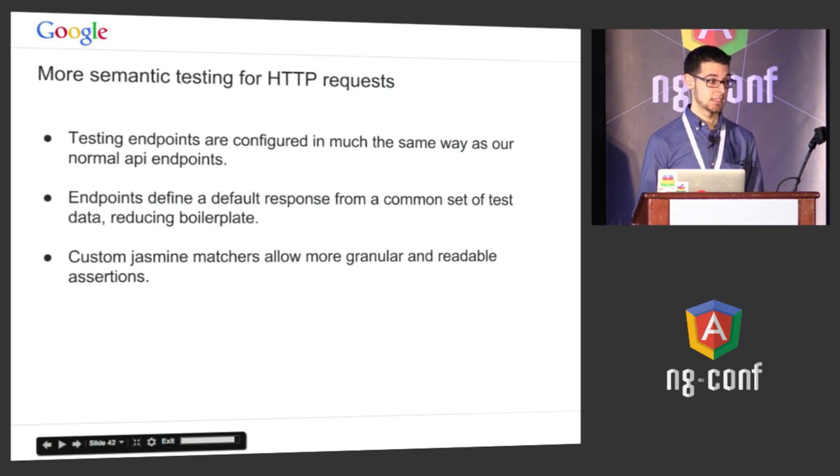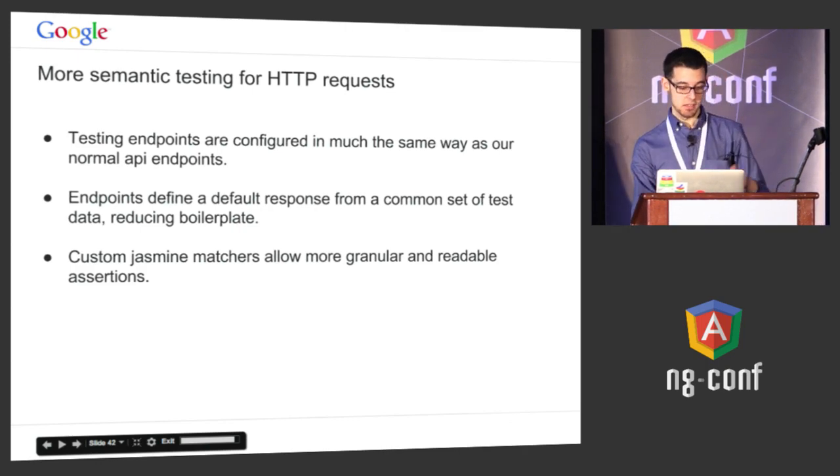Test data can get stale and inconsistent, and by having a single source of truth that's all specified in one place in that default data, we help reduce the amount of time people spend hunting down why something is wrong. And once again, the custom Jasmine matchers really allow us to do more granular and readable assertions.